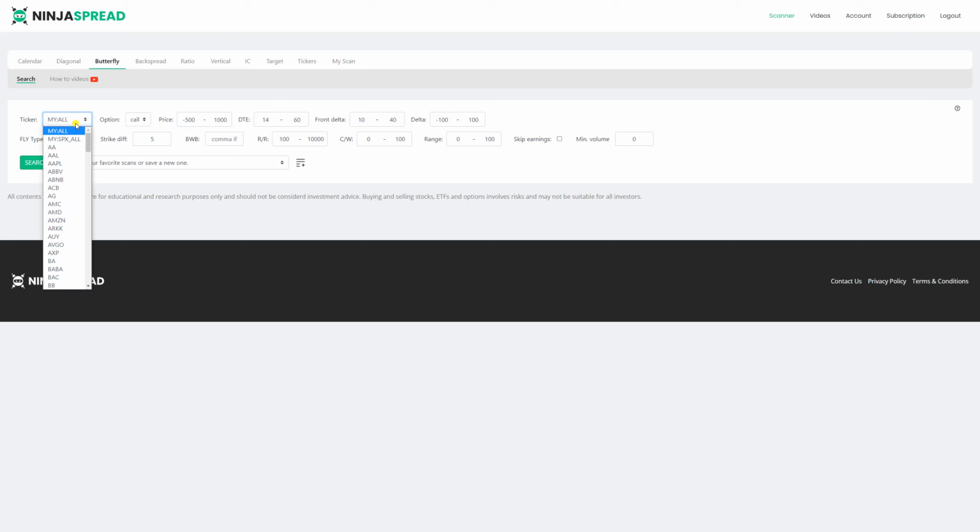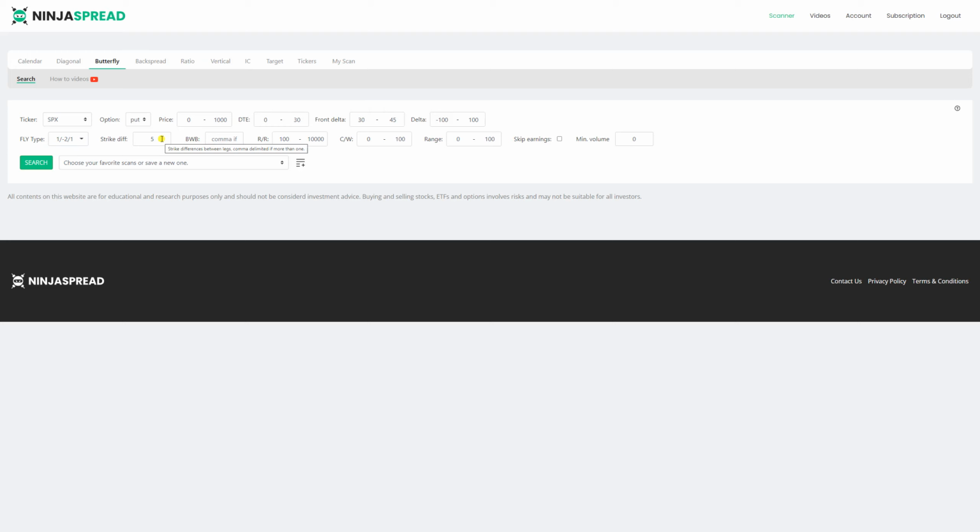Right now, let's look for SPX put butterflies with only debit in the next 30 days with closer to the money. So front delta should be around 30.45. Let's leave it on the default value, and fly type should be the standard one, which stands for 1, -2, and 1.